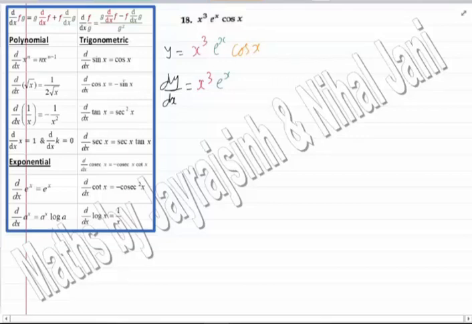So differentiation of cos x, I am going to put directly minus sin x, plus the first and last term will be as it is, I am going to differentiate e raised to x, and we know that differentiation of e raised to x is e raised to x itself, plus now it's time for x cube. E raised to x and cos x will be as it is, differentiation of x cube, you can do it directly, 3x square. So tada, answer in just one step.